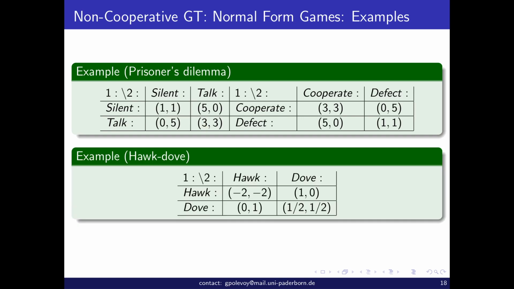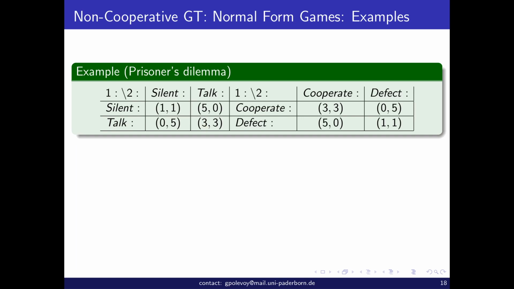So the only reasonable result here is that they both talk and get 3 years in prison, which is worse for both of them than the situation if they were both silent. But if they had both been silent, that's not stable, that's not strategically viable.